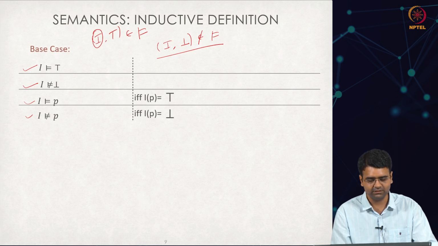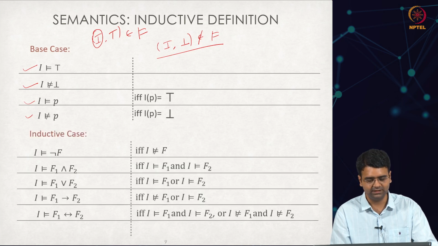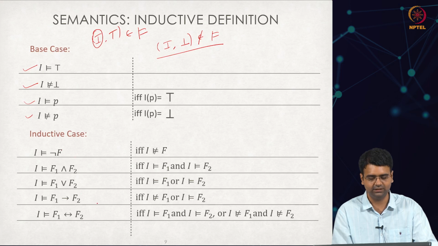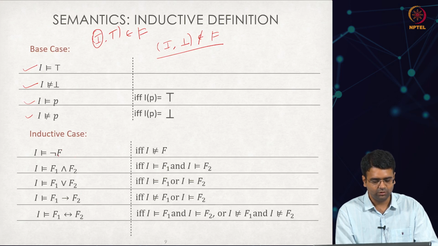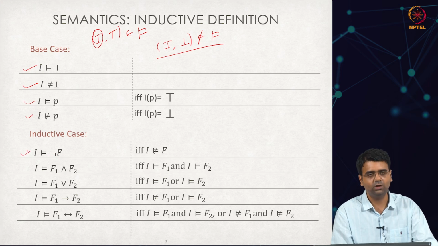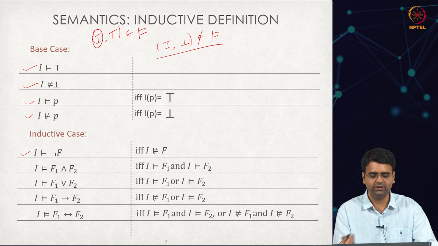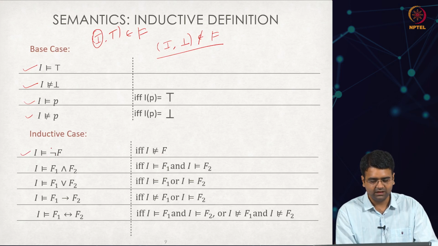The inductive case is where we talk about evaluation of compound formulas. These are the 5 ways in which I can generate compound formulas using subformulas, using any of these 5 logical connectives. The first case says that I is a model of not F if and only if I is not a model of F. Notice that this negation is a logical connective.